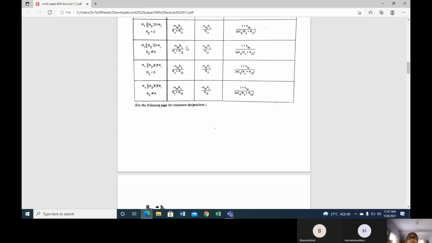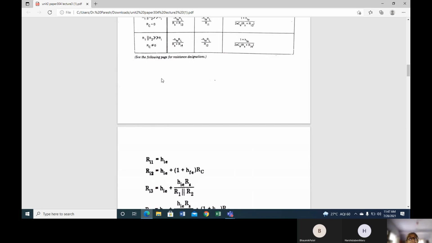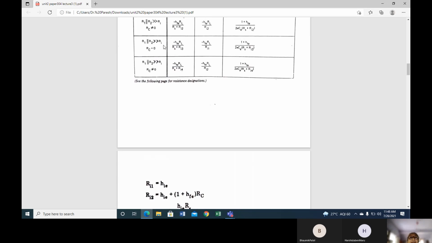Then you have the same equation, but instead of Ri1, we have got Ri2, right? And what is Ri2? Simply Ri2 is equal to HIE plus 1 plus HFE into RC, where RC is the resistance of the capacitor. Equations will remain the same, except that in place of Ri1 we have got Ri2.